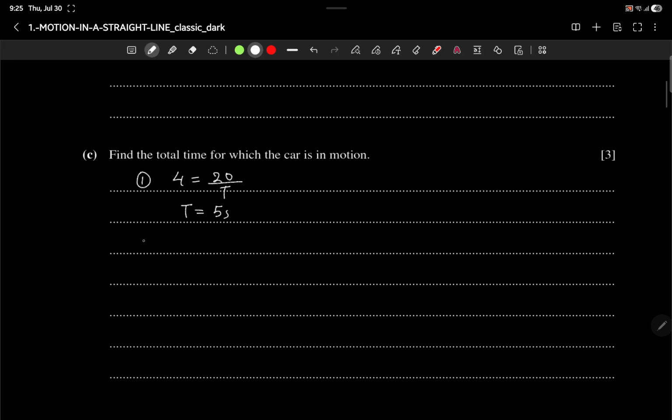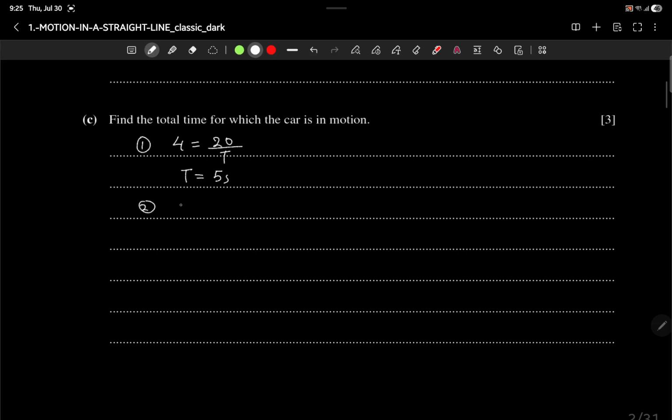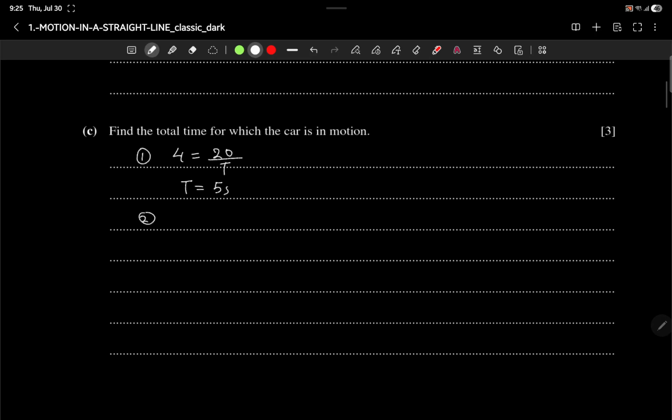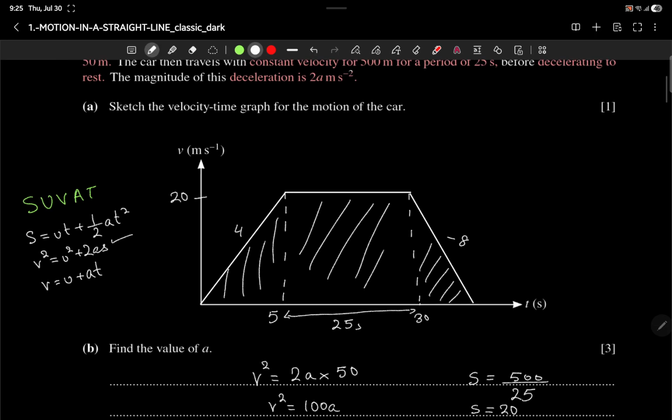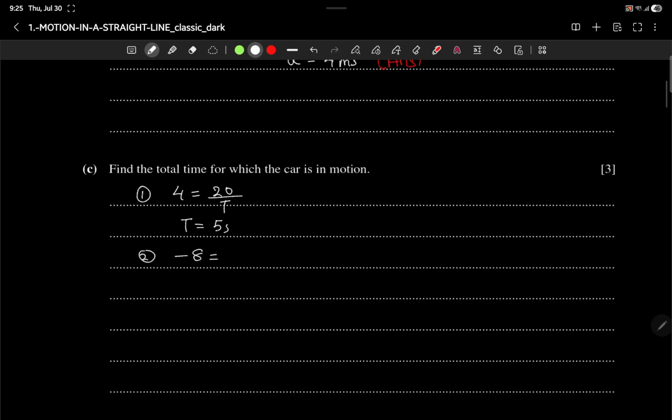Now what about the deceleration? Deceleration is... Right, so we have 20, 0, and then this. Okay, so minus 8 equals minus 20 by t.